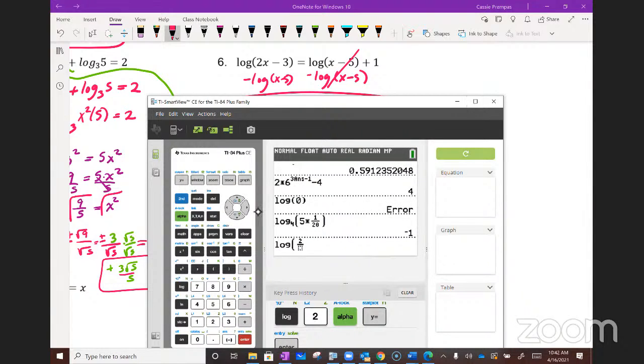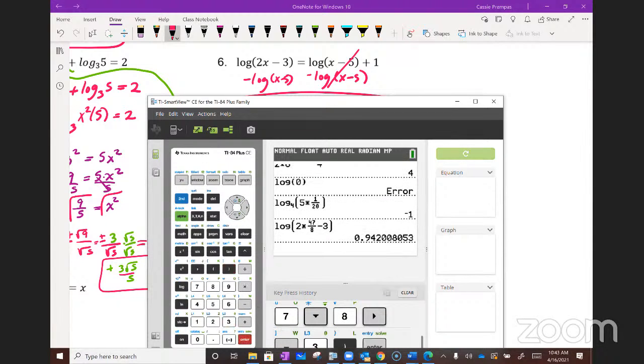Log, 2 times 47 over 8, and then minus 3, and I get an answer of weirdness, but I just need to make sure that that weirdness is the same on the other side of the equation.